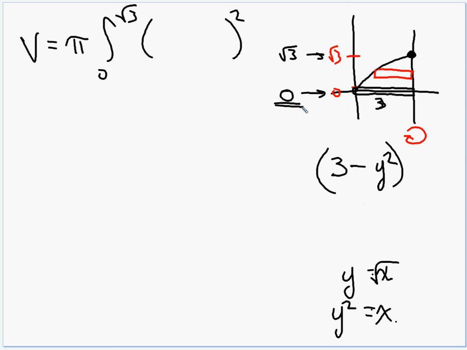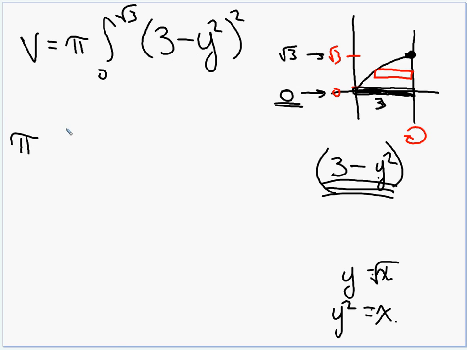If we put in 0, 3 minus 0 squared is 3, and that is the length of our rectangle. When we put in root 3, 3 minus root of 3 squared would be 3 minus 3, or 0. We've got no rectangle left. So that's it. 3 minus y squared gives us the length of our rectangle, or in this case, that's our radius that we will rotate around our axis.